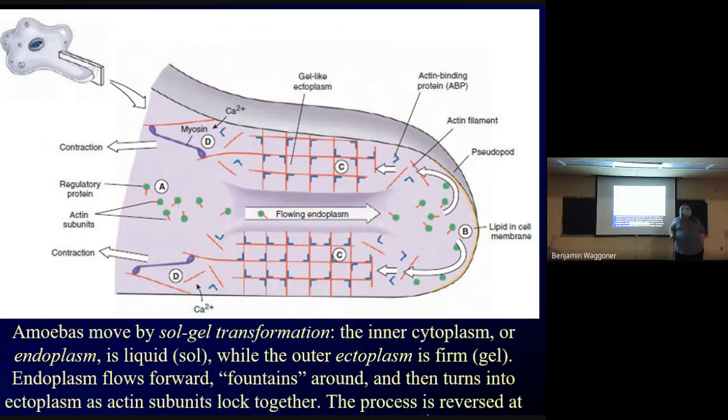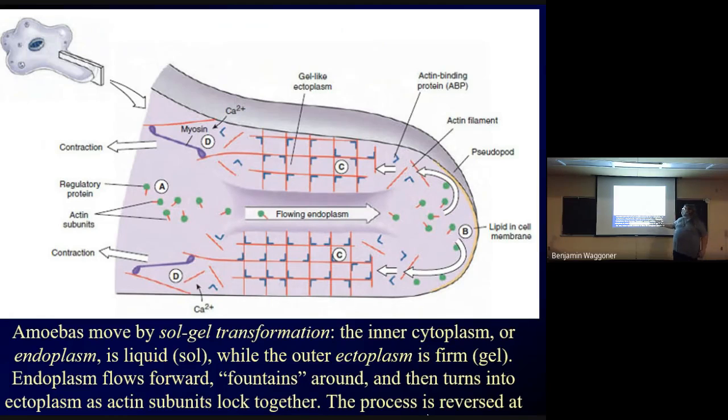Gel is much more firm, similar, maybe not quite as firm as Jell-O, but the same idea of a flexible but firm substance. And amoebas can transition parts of their cytoplasm from the sol state to the gel state by building cytoskeleton very quickly, forming polymers of actin, the protein actin.